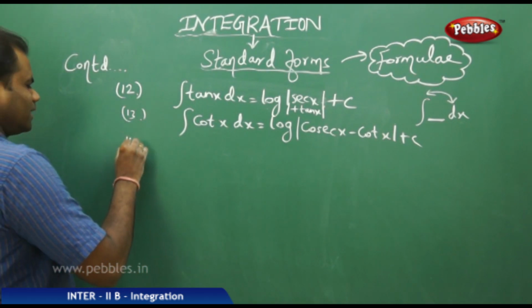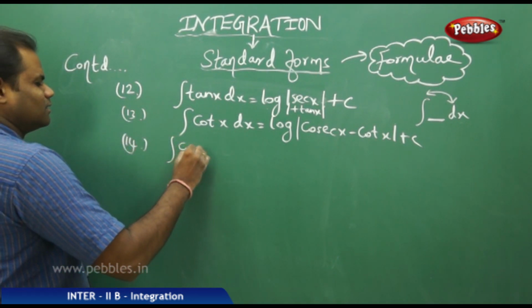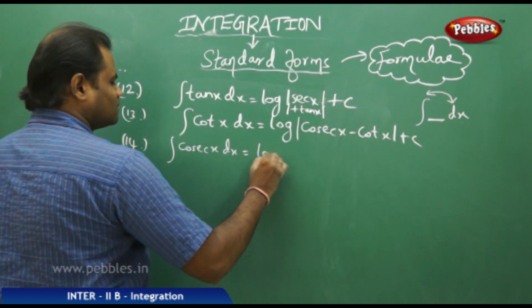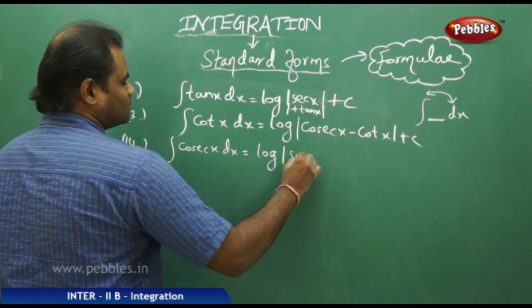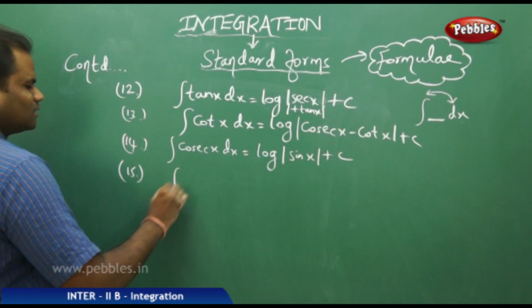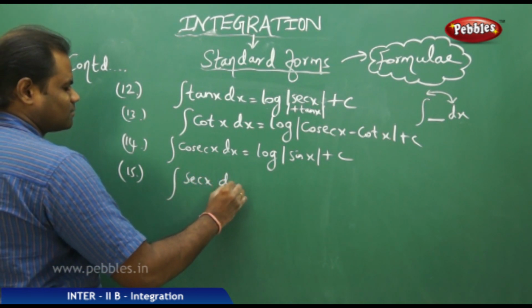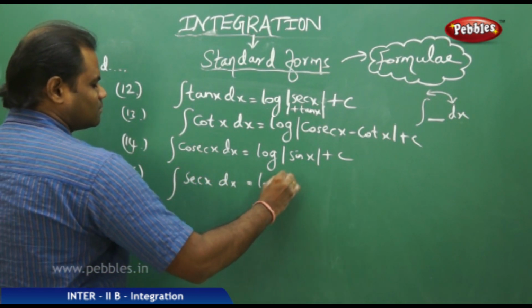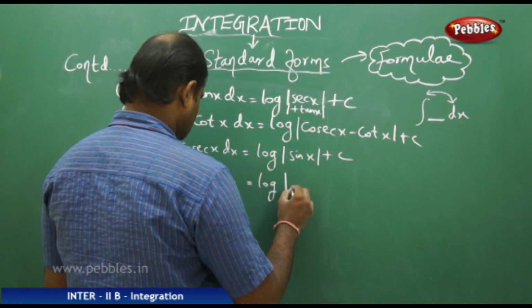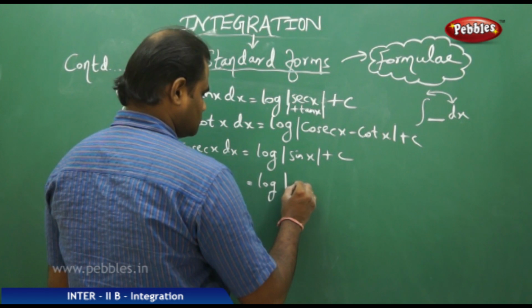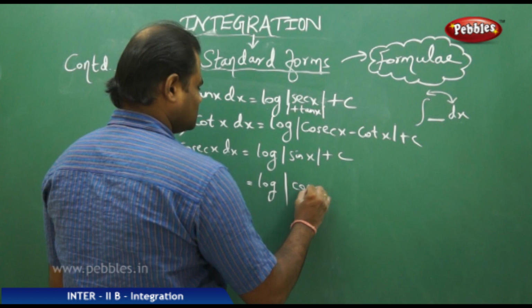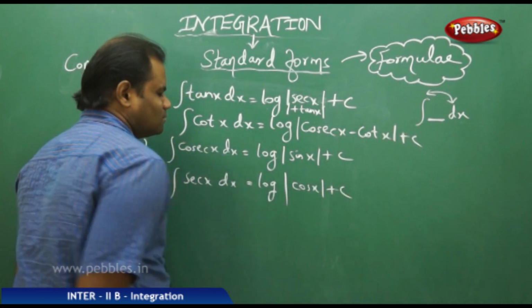And then I have integral cosecant x is log mod sin x, integral secant x is log mod, plus c.